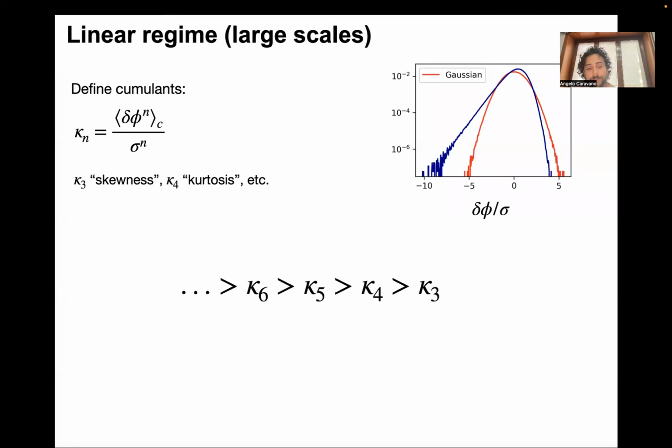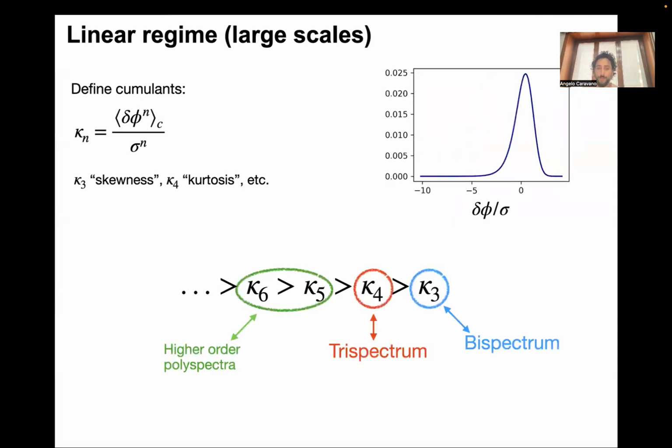And what we see is that if we compute the cumulants of this distribution, we're going to see the value of the cumulant grow with the order. And I think that this is a very puzzling feature to some extent, because it means that there is a really large amount of information contained in high order statistics, which is sort of expected because we see that non-Gaussianity in this model manifests as a sort of tail in the distribution.